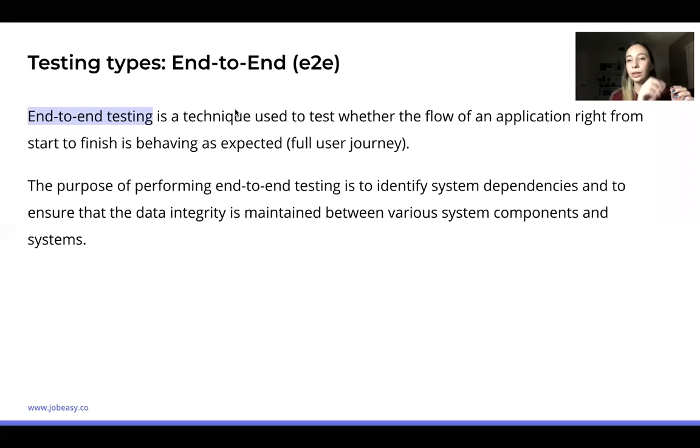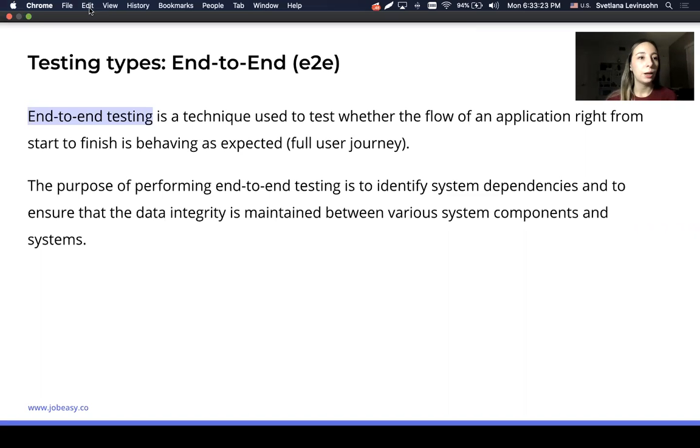So the whole data flow within this whole app is normal and everything works together. I can go from one experience to another, follow the actual user flows, and it all works together. So that is end-to-end testing.